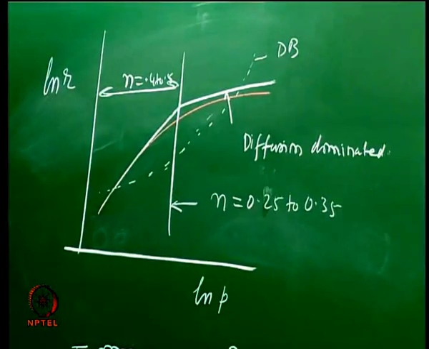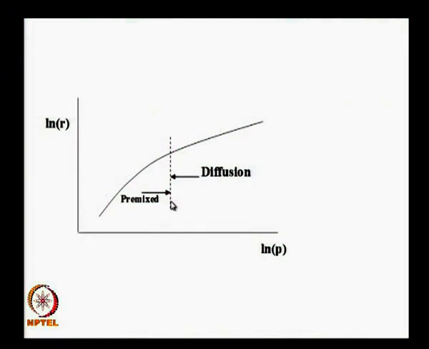I think I showed this in this particular slide, wherein at a pressure less than a threshold value I have premixed combustion with a higher value of n, followed by diffusion wherein I have a lower value of n.